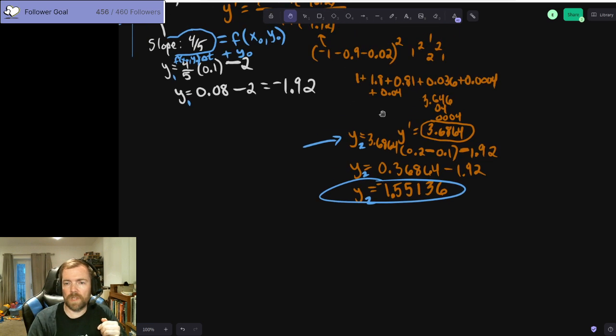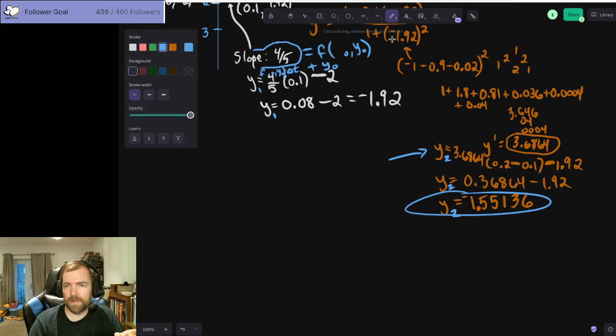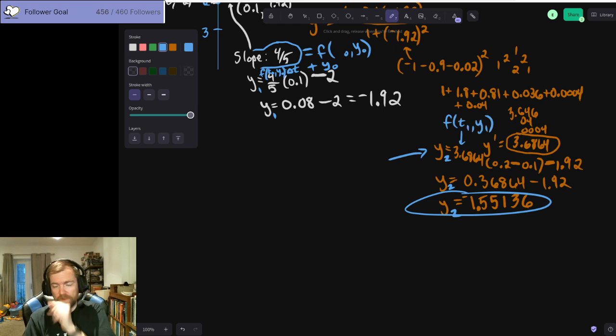In order to get our second slope, we plugged in our t1 and y1 into f for this particular case.